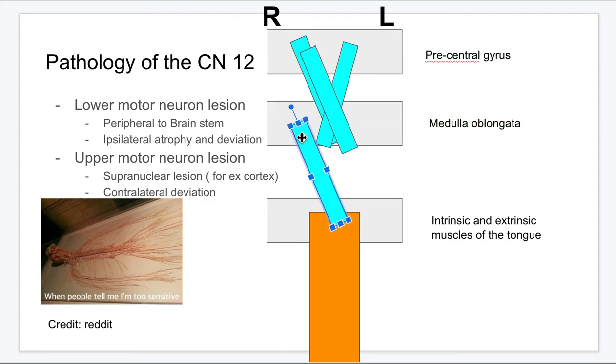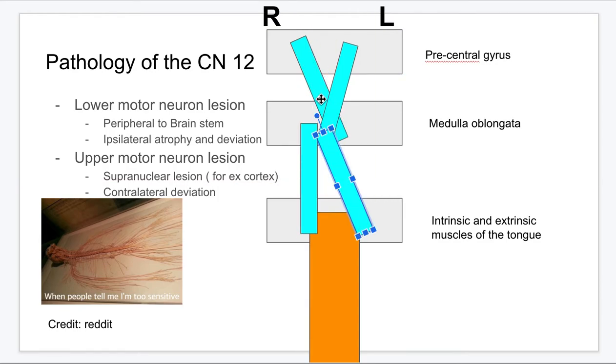That's an important key: both fibers continue ipsilaterally towards the tongue. Any damage to the right fibers would lead to a pathology on the right side, and any damage on the left side would lead to a pathology on the left side.